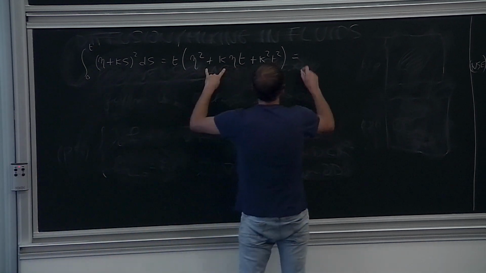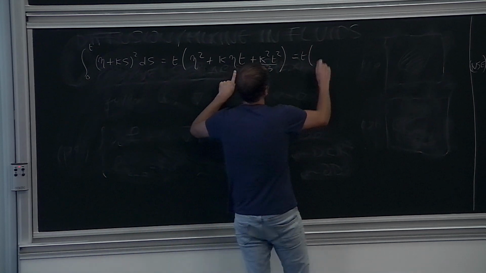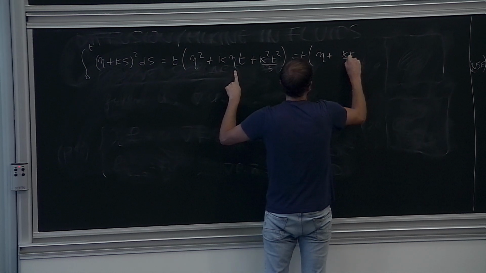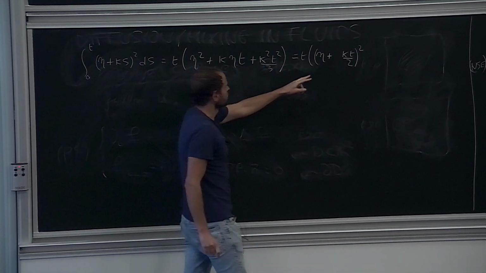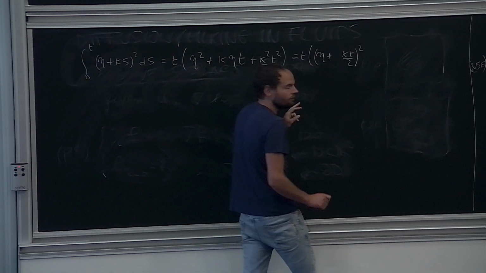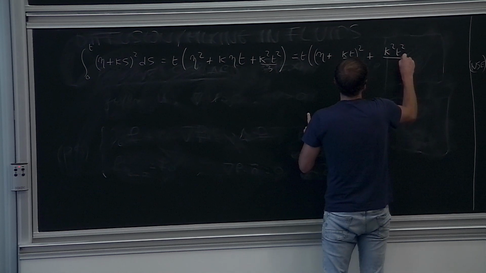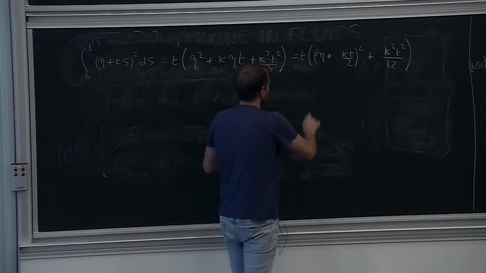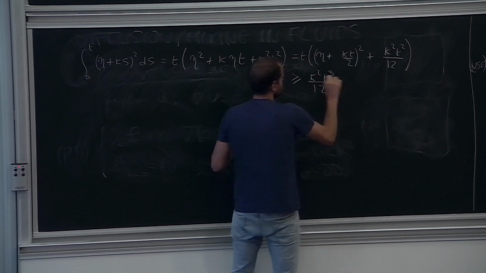Here I get eta plus kt over 2 squared. And then I get this 1/3 of this minus 1/4 of this from here, which is 1/12 of that, which is greater than or equal to k squared t cubed over 12.